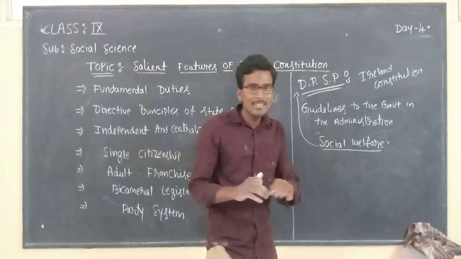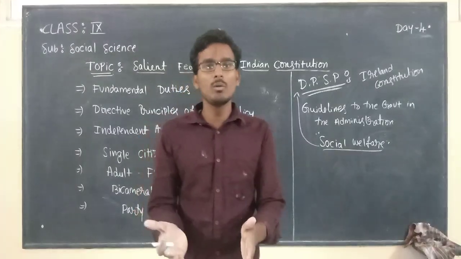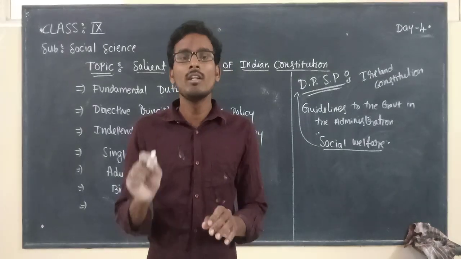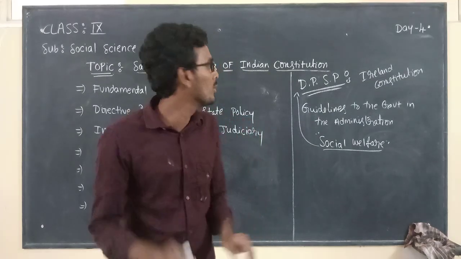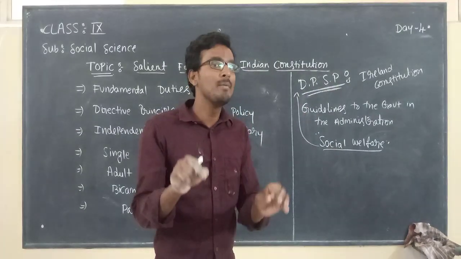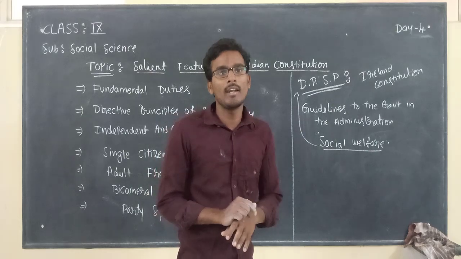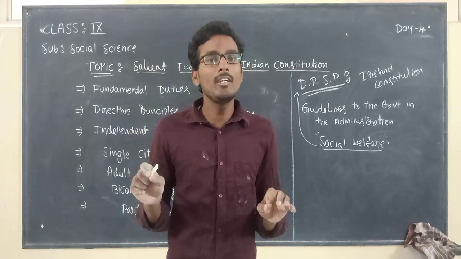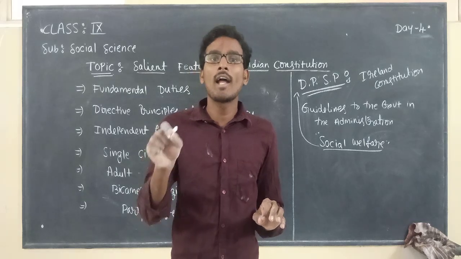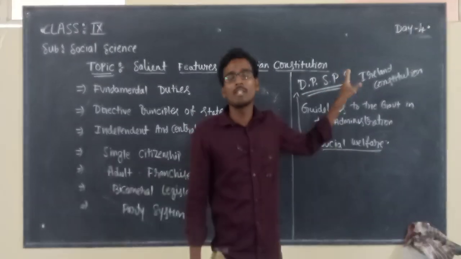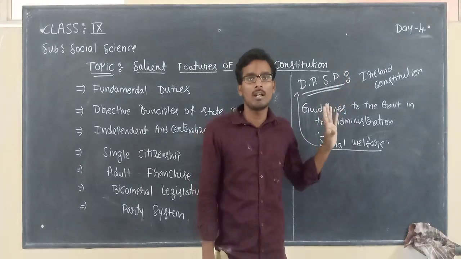So these are some guidelines given to the central government as well as the state government. They have to look into directive principles while they are maintaining administration in our country. But no court of law has a right to question the government whether they are following directive principles of state policy or not.